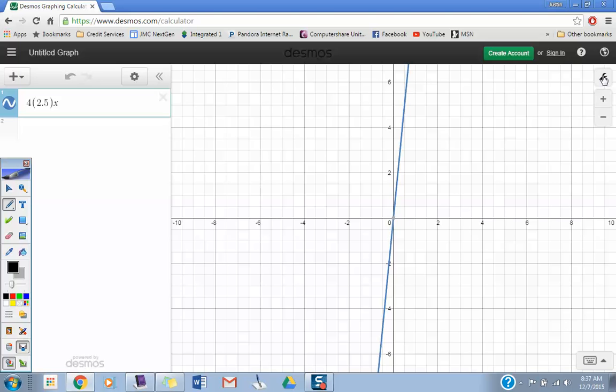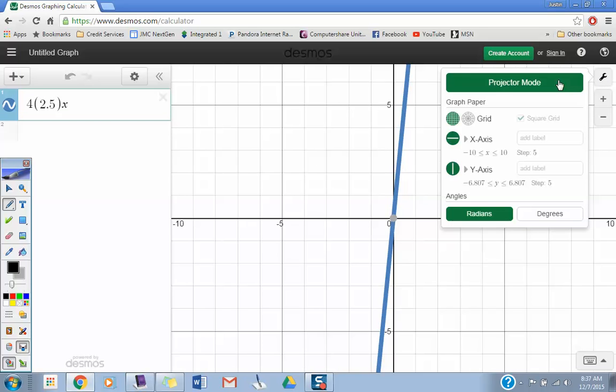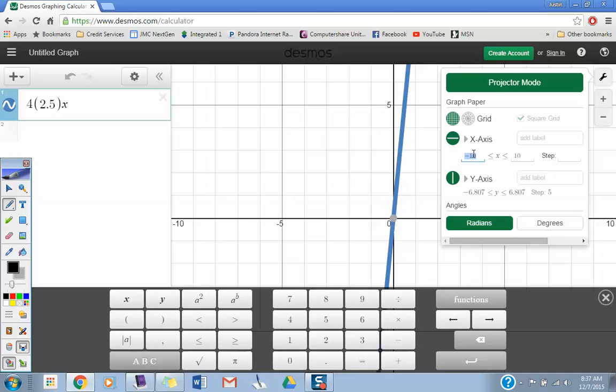Okay, in your decimals right here, here's what I want to tell you. If you click on this settings wrench up here, go ahead and click that if you're into decimals. Do you see right here how it says x-axis? They want you to compare that from 0 to 2. Basically, they want the smallest x value right here to be what value?